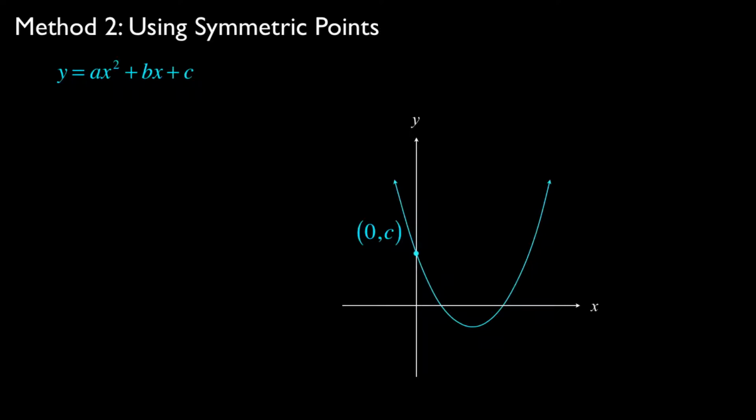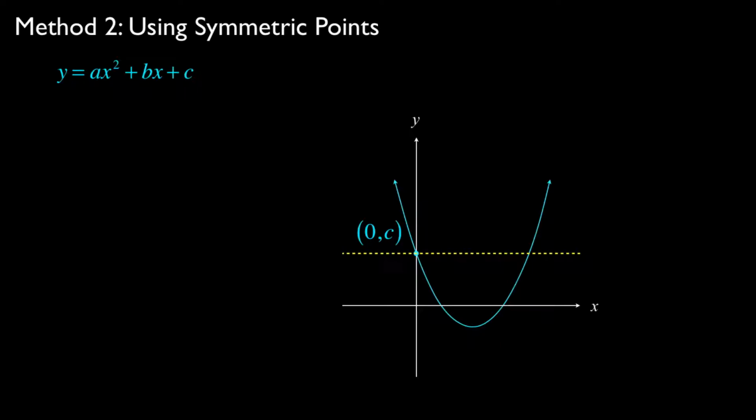If I were to draw a horizontal line until it cut the parabola on the other side, I would recognize, oh yeah, I have another point on the other side that's going to have the same y coordinate. Now the question is, how do I find the x-coordinate of that point? Because that's going to be symmetric about the axis of symmetry, and that should help us find the vertex, which lies right on that axis of symmetry.